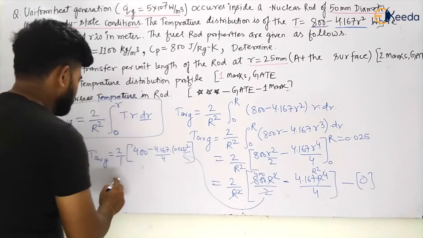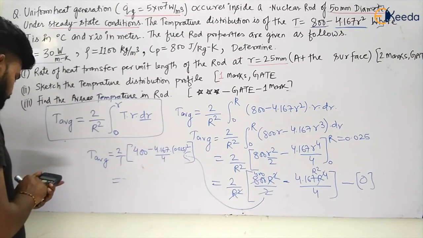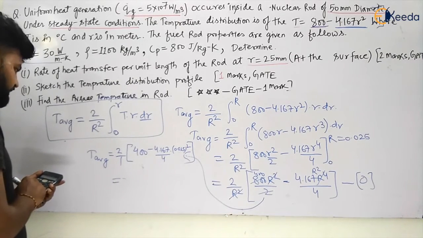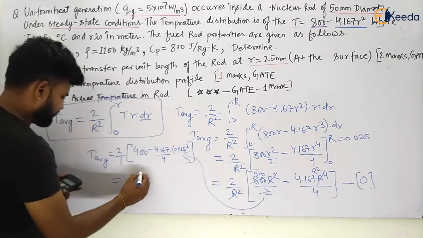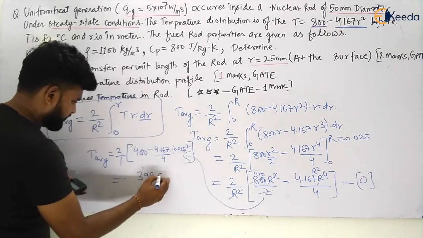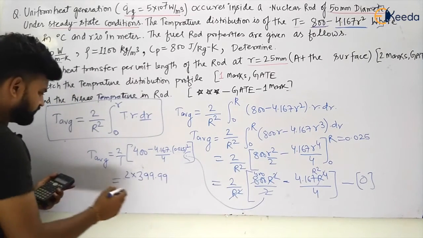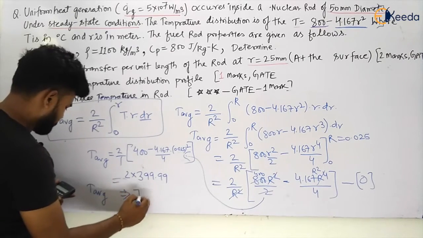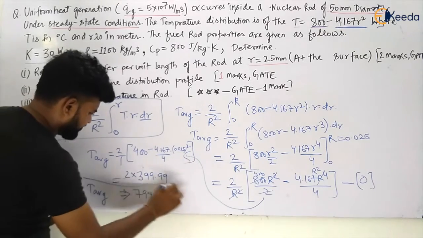Let us see how much it will be: 4.167 divided by 4 into 0.025 square, and 400 minus this will be 399.99, into 2. So again the average temperature will be equal to 799.99 degrees Celsius.